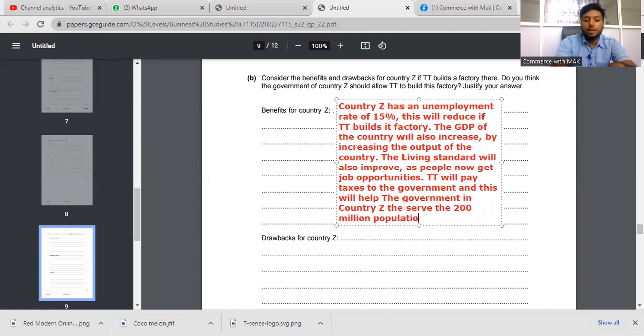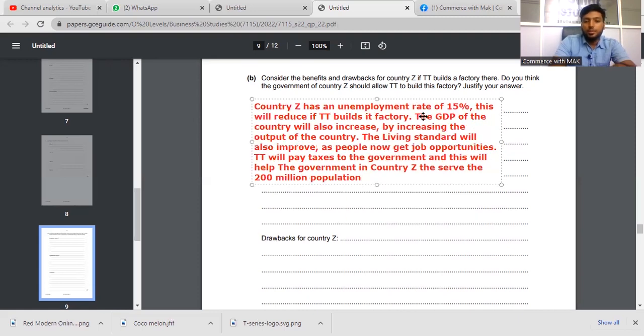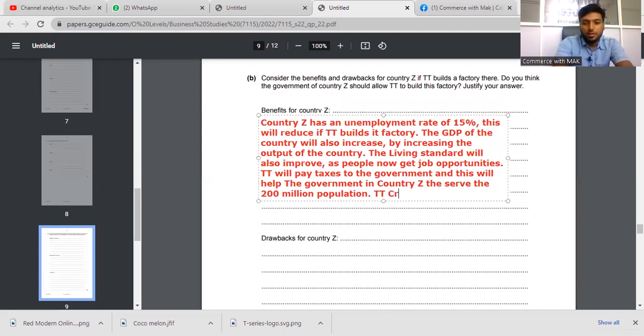Not only that, we can also write one more point: TT creates competition and provides consumers a wide choice of selecting the product.